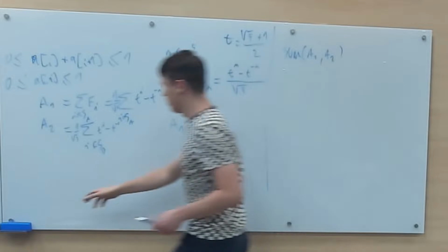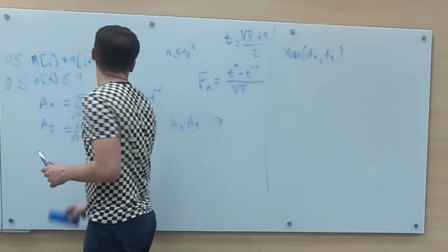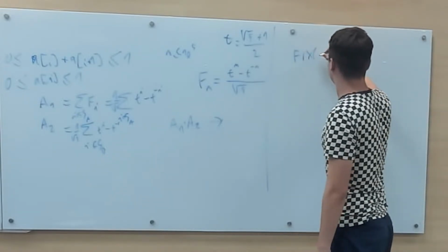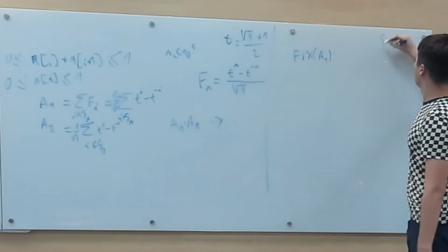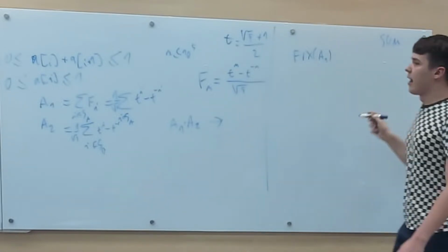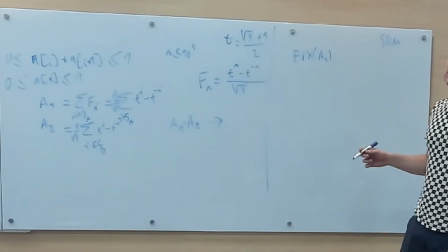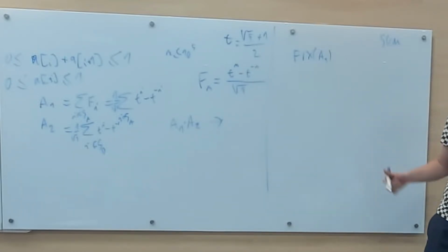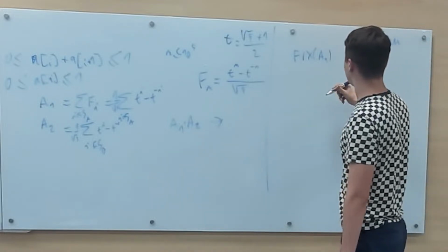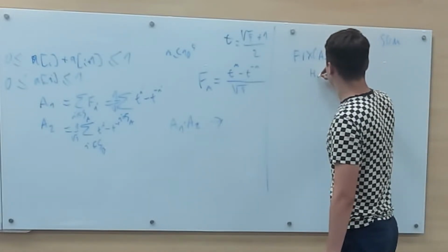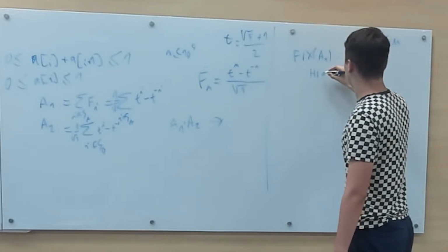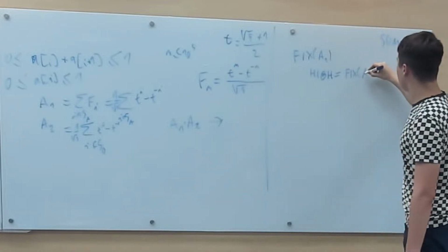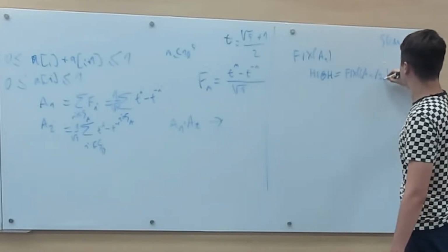No, we'll have a recursive function fix(a1), and we assume we have a function sum available. I'm going to use vector notation, so multiplying a vector by a value means multiplying every position. Okay, so what we do is high is equal to fix(a1 divided by 2, floor).